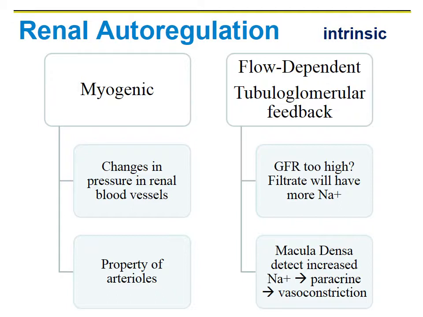An overview. There's too much filtrate in the tubule, so you need to make less to get back to homeostasis. We make less filtrate by decreasing the amount of blood that enters the glomerulus. And we do that by constricting the afferent arteriole.